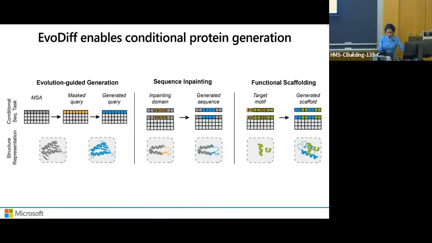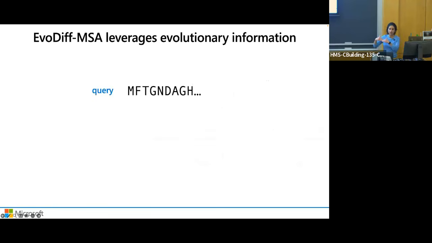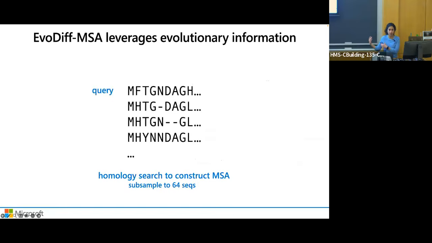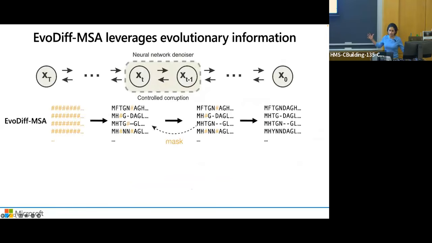And so I'll briefly mention the training of this MSA-based model, where the concept is now, given a single sequence, we can construct an MSA by performing homology search to gather related, evolutionarily related sequences. And now, using that same EvoDiff masking-based framework, instead of operating over a single amino acid sequence, the corruption occurs over the entire MSA, and thus we can generate entire MSAs using this approach.